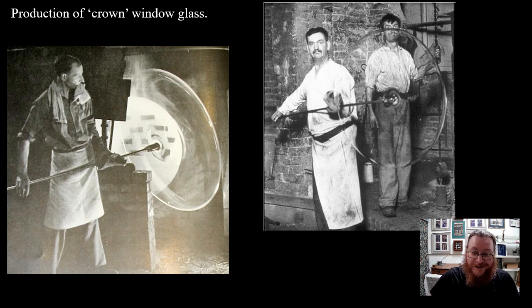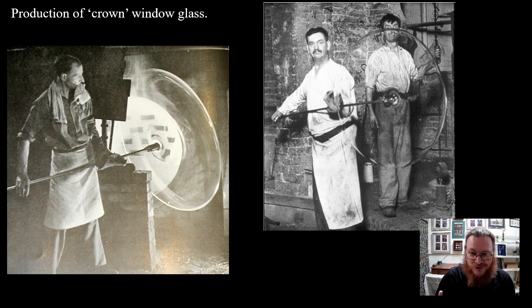Now, this is how most window glass was produced from the 13th century all the way through to the beginning of the 20th century, when plate glass processes come into being, float glass, etc., and pressed glass. And it must have been absolutely back-breaking work.